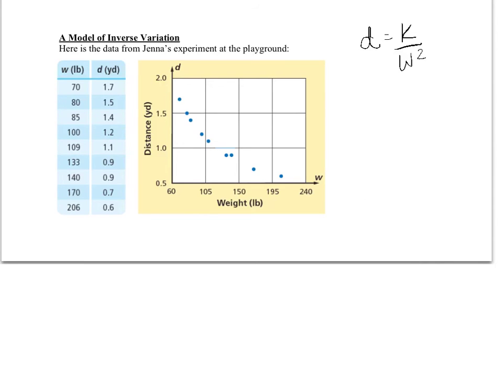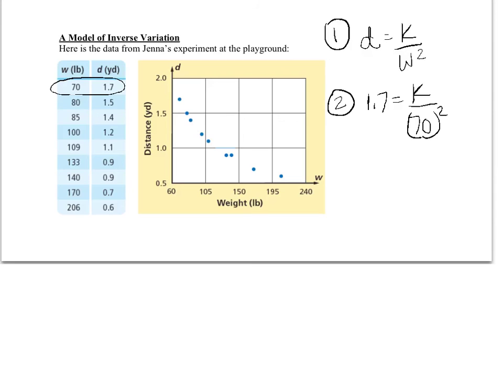Okay, now we're going to try it for D equals K over W squared. So that's step one, we wrote our equation. Step two, let's test it using two coordinates. We'll pick the first two just because it's easy and they're there. It doesn't matter, you can pick any of them. So we're going to say 1.7 equals K over 70 squared. We solve for K, make sure you square the 70 first.